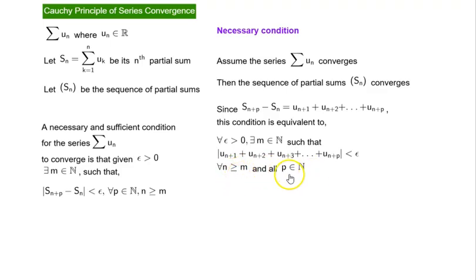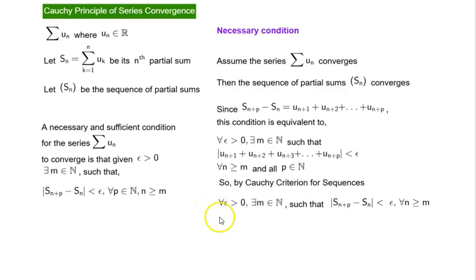When we say p in n, it means for any two arbitrarily distant partial sums. So by Cauchy criterion for sequences, we have for all epsilon greater than 0, there exists m in n such that the distance between S sub n plus p and S sub n is less than epsilon for all n greater than or equal to m.